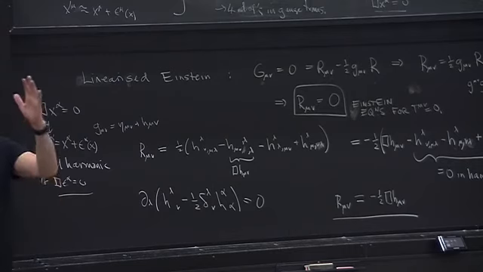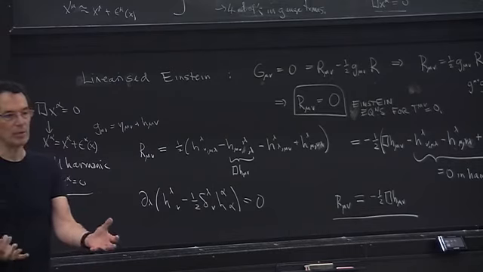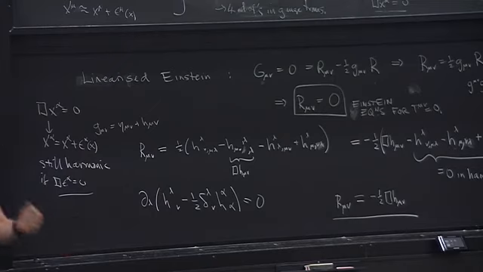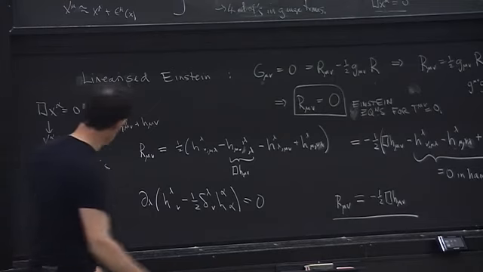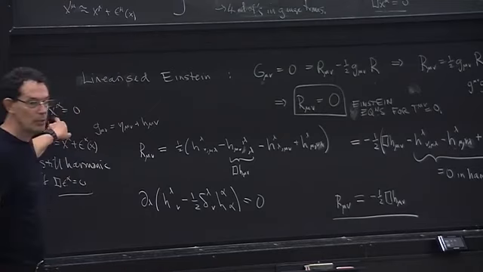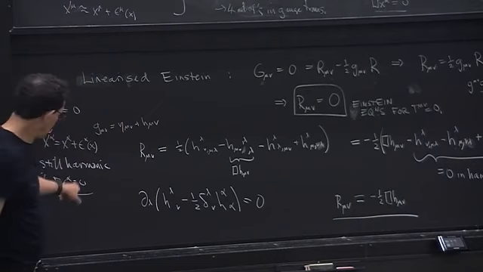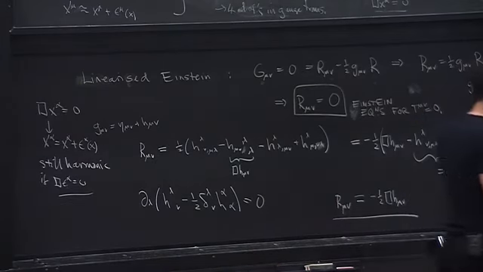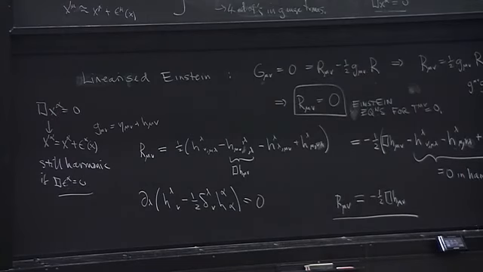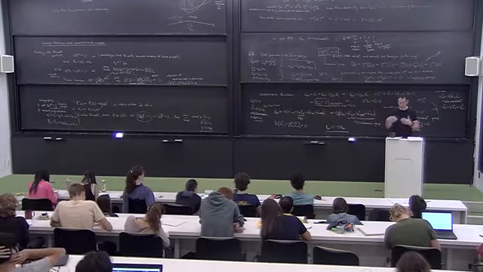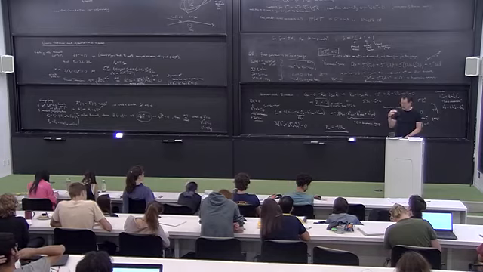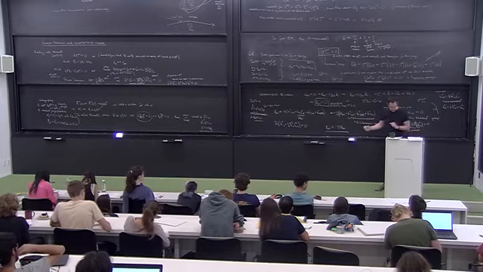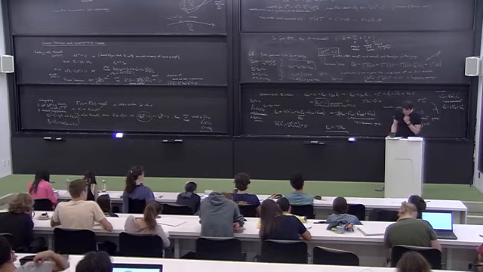And that's how we go from 10 degrees of freedom in h mu nu. It's a symmetric 4x4 matrix, so it has a priori 10 degrees of freedom. We remove 4 by doing this, and we get to remove another 4 by doing those. And that's why there are only 2 gauge fixed propagating gravitational waves.